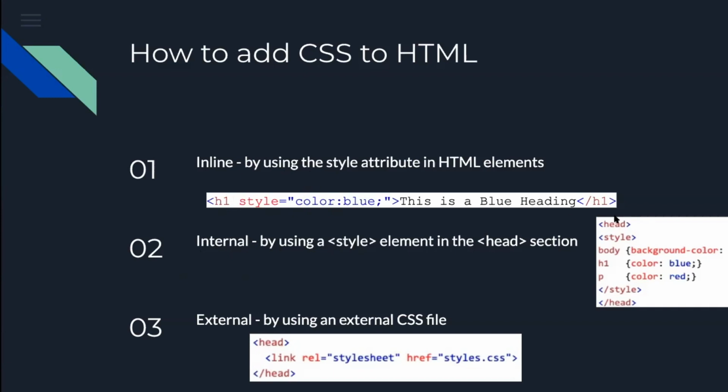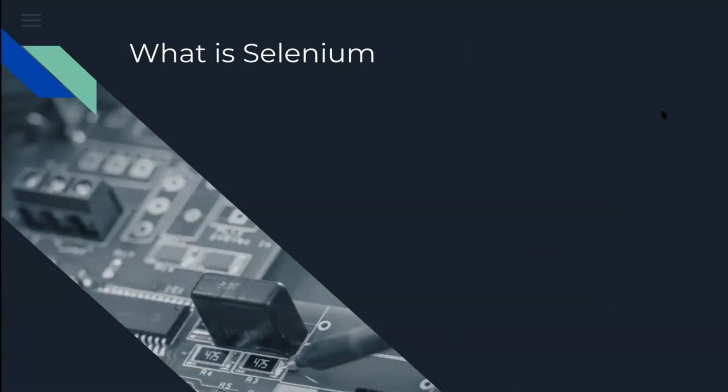Usually we do it inside the head tag. And the third way, which is the most preferable, is to have an external file where we can organize everything, and then we can just call this file in our code and use all the classes and IDs that we define for our HTML tags.